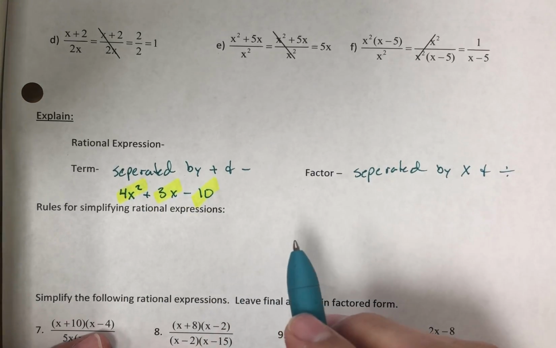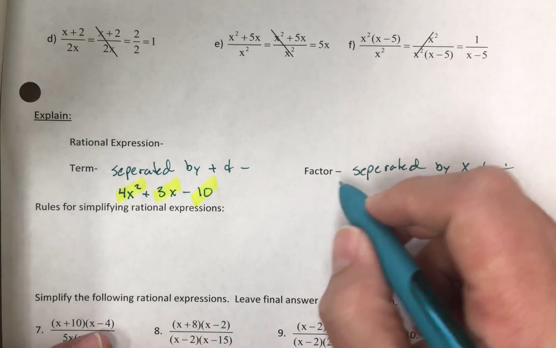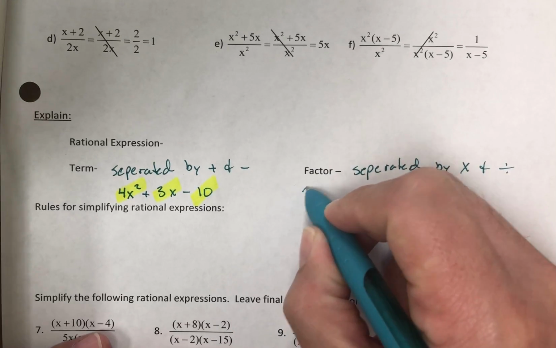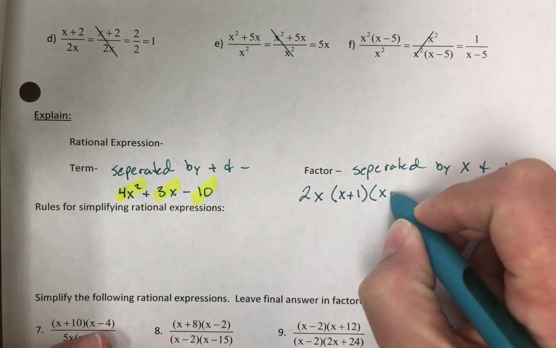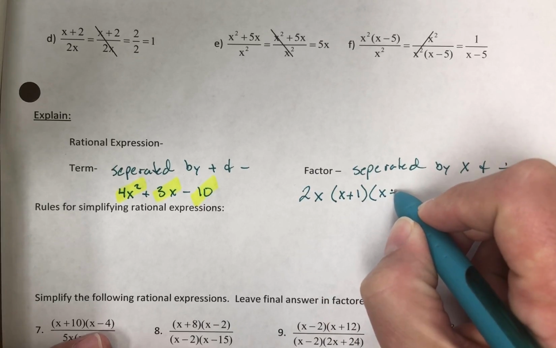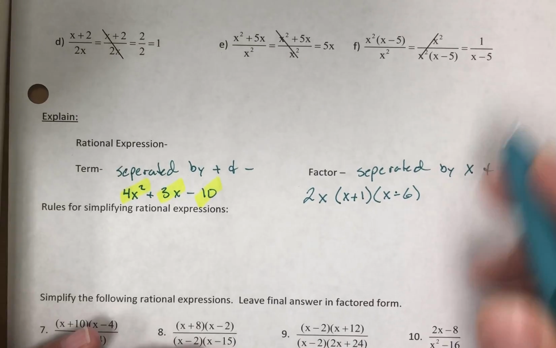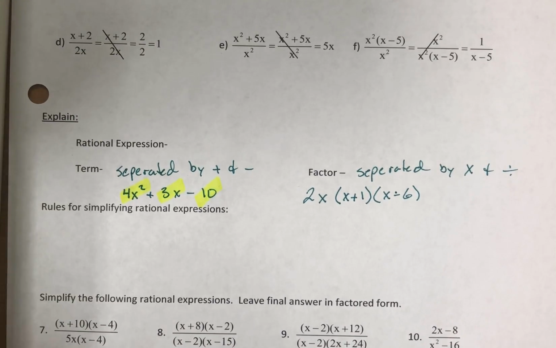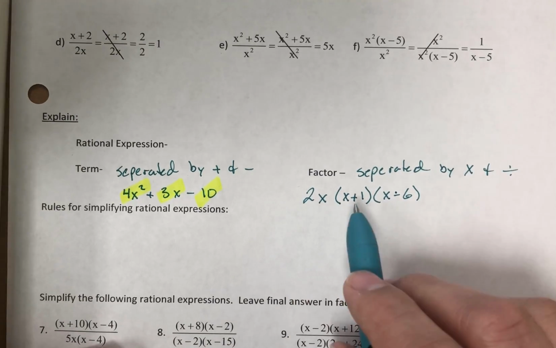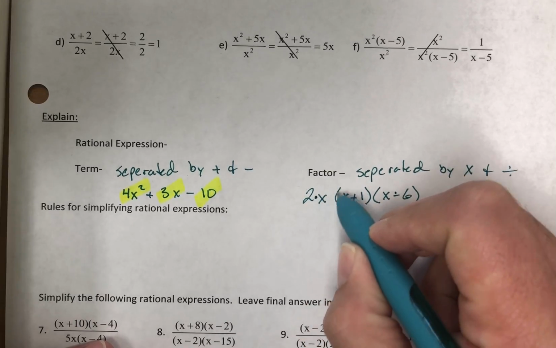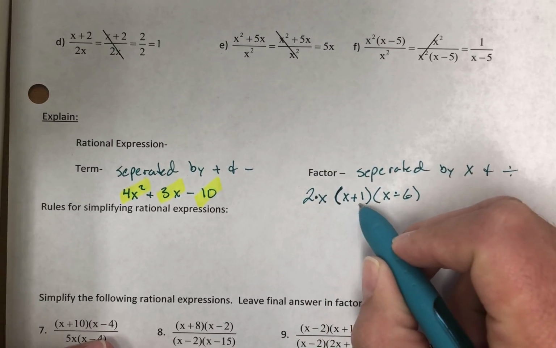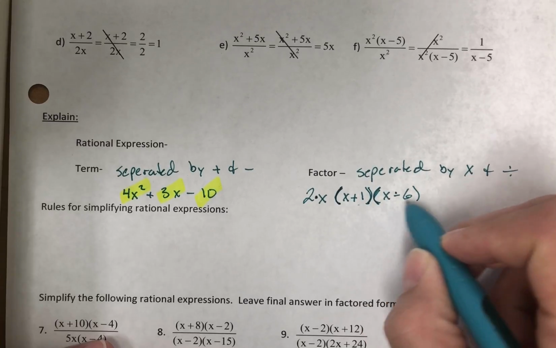Factors are separated by multiplication or division. So most commonly you'll see like 2x times x plus 1 times x minus 6. Okay, here I have 4 factors because it's all separated by multiplication. So 2 times x plus 1 times x minus 6.